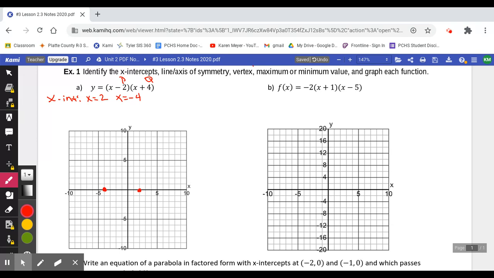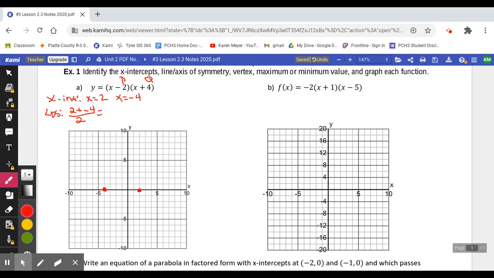Now, the line of symmetry should be in the middle of those two dots. So if you want to count spaces on the graph, you could do that. Or if you want to use the formula, that's what I'm going to do. So line of symmetry, take the two x-intercepts, which are positive 2 and negative 4, and add them together and divide by 2.